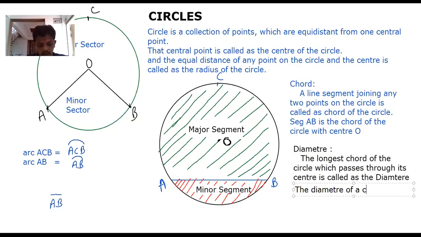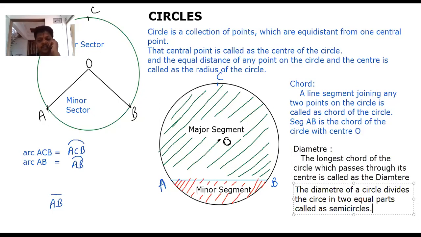The diameter of a circle divides the circle in two equal parts called as semicircles.